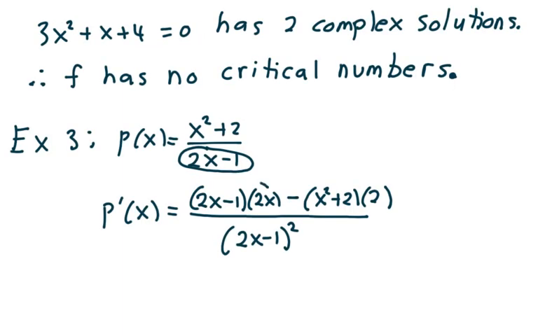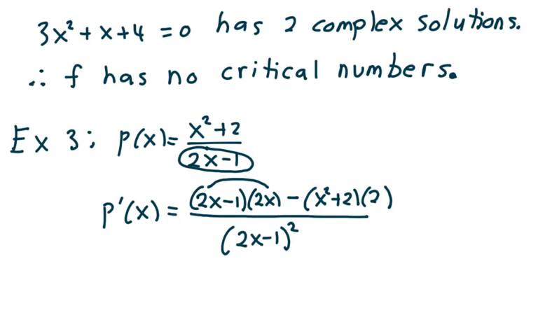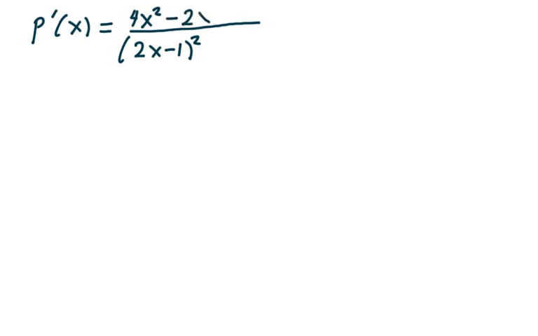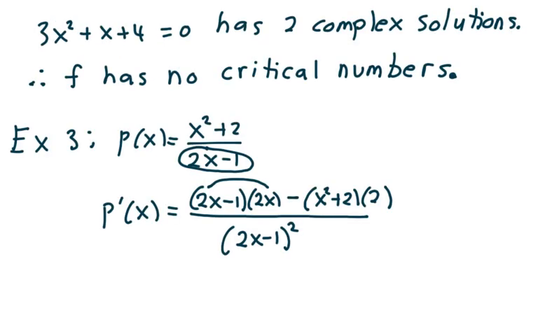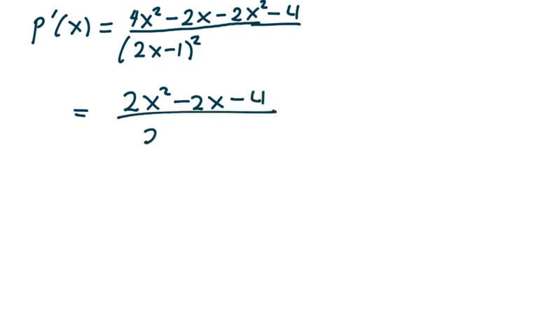Now on the top, we get 4x squared minus 2x minus 2x squared minus 4, just like this. And so this is equal to 2x squared minus 2x minus 4 divided by 2x minus 1 to the second power.